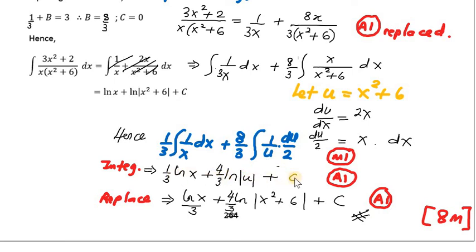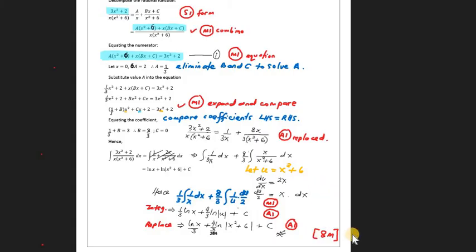Make sure that you show your answer in terms of your assigned variable u. And last, then only you replace it back in terms of the x variable. So overall, this question can carry 8 marks.